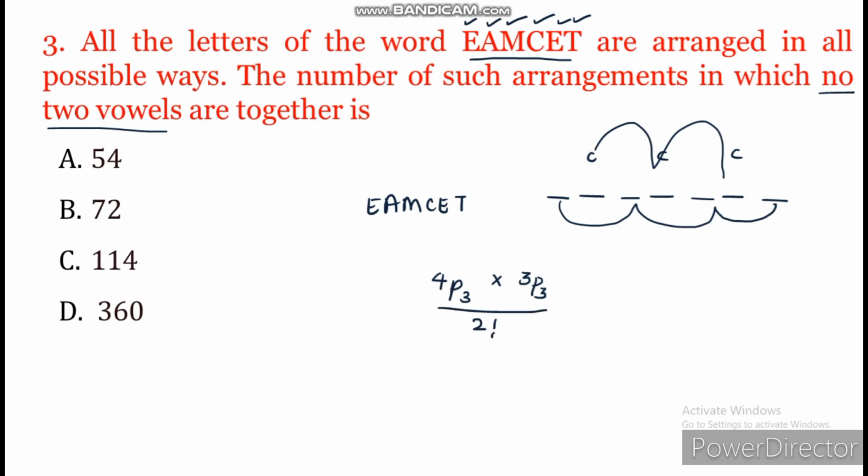But divided by 2 factorial. Why divided by 2 factorial? Here you can see E has been repeated twice. If an element or a number or an alphabet is repeated twice, then let's take this E, Y, E. Now if I exchange these 2, again E, Y, E. Does it make any difference in this case?